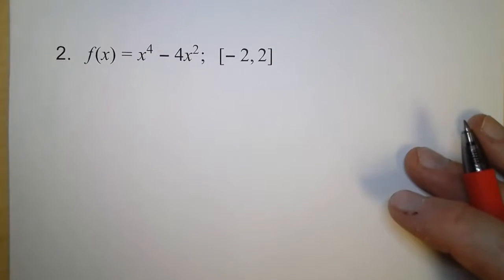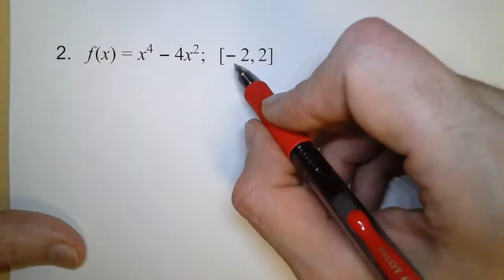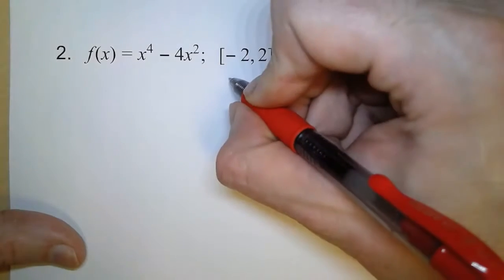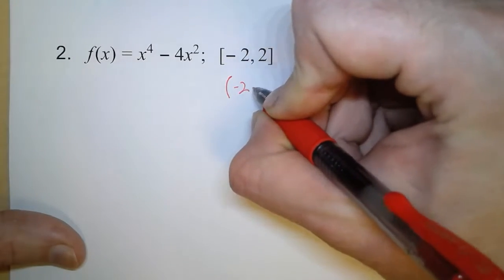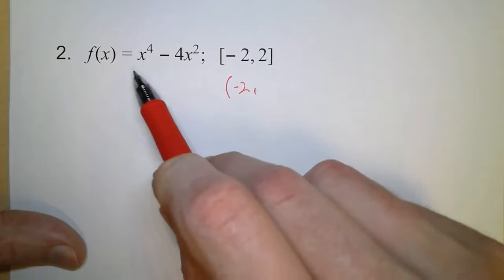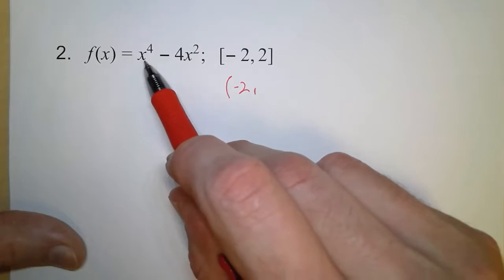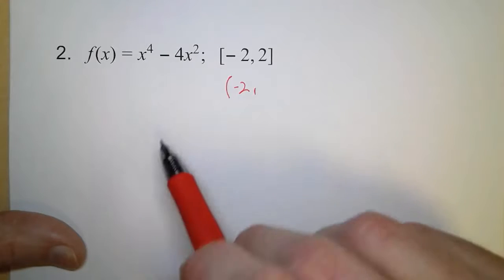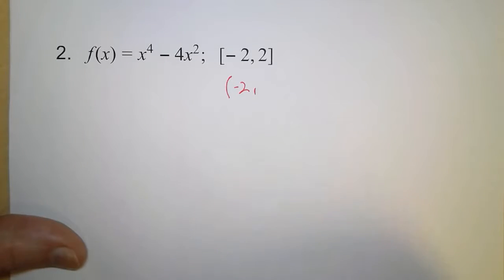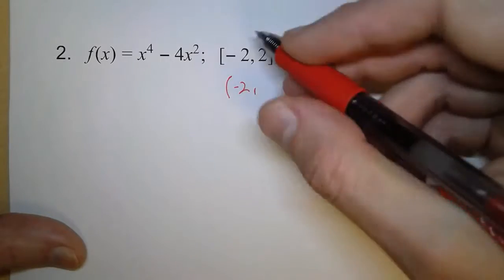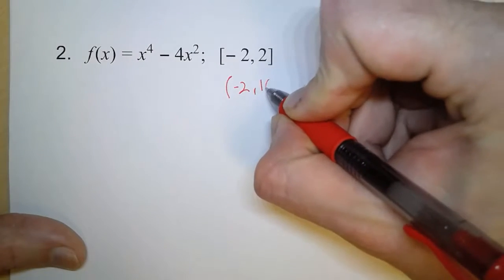So moving on to the next one. We have the interval from -2 to 2. If we plug in -2 here, we get 16 minus 16, so that should equal 16.